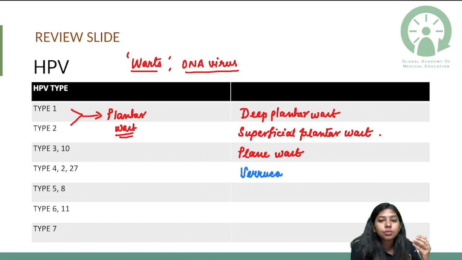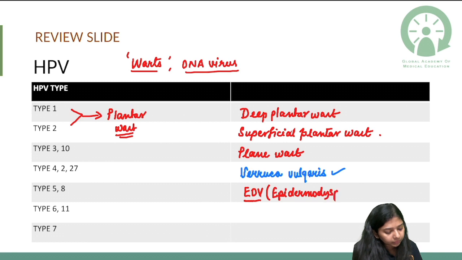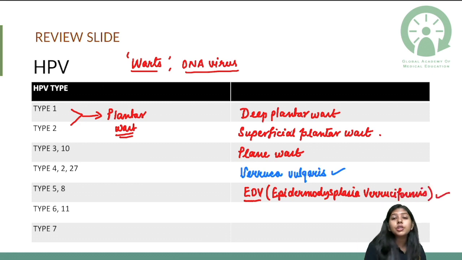They are more verrucous than plain warts. Plain warts are flat topped, whereas verruca vulgaris will be verrucous. Then type 5 and 8 causes a condition called epidermodysplasia verruciformis. Now this condition has a genetic predisposition and you get plain wart-like lesions on the extremities and you get hypopigmented lesions on the trunk.